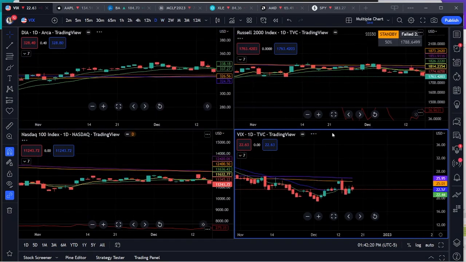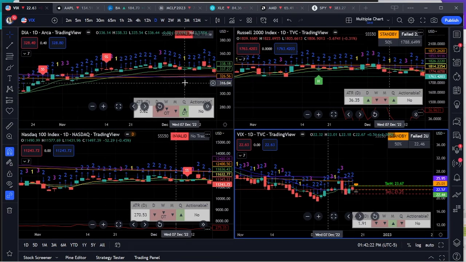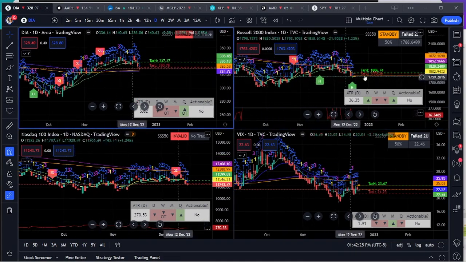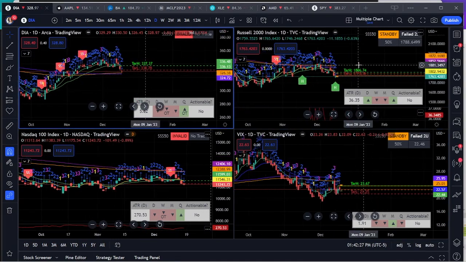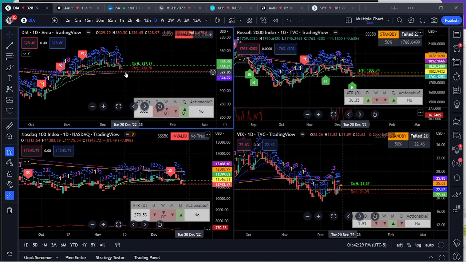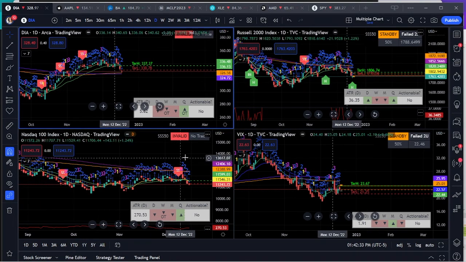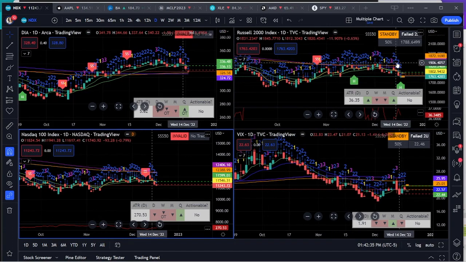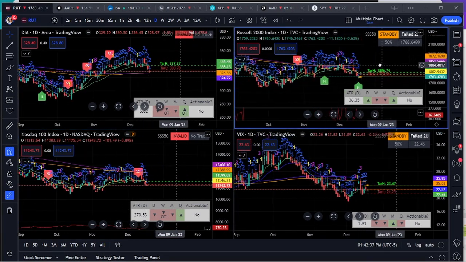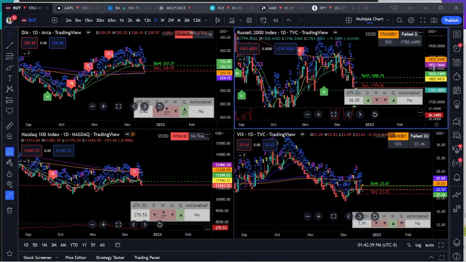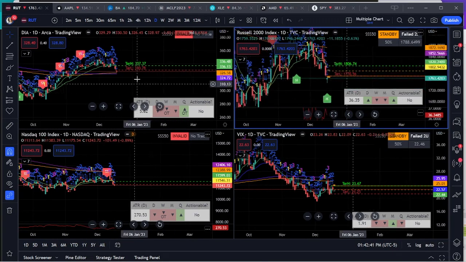And then on the day, the Dow is still slightly above its 200. It really bounced there and may have found some support, so we'll have to see how that goes, but everything else is under. So you know what we always say about things being under the 200.